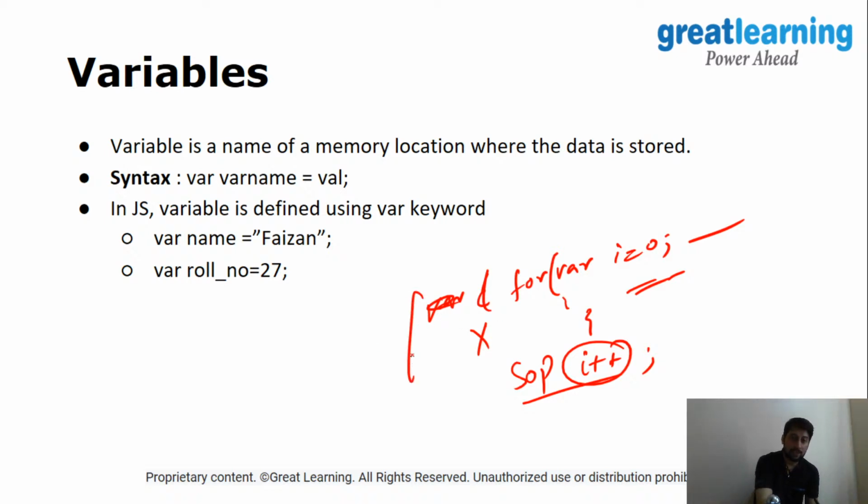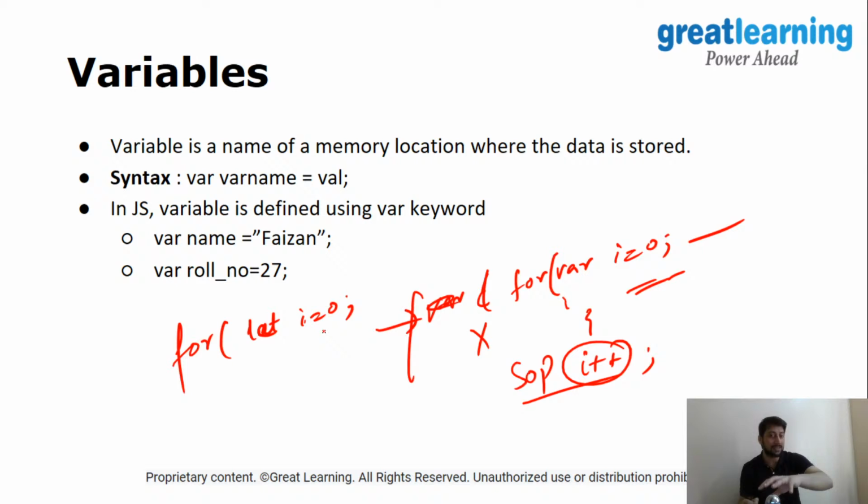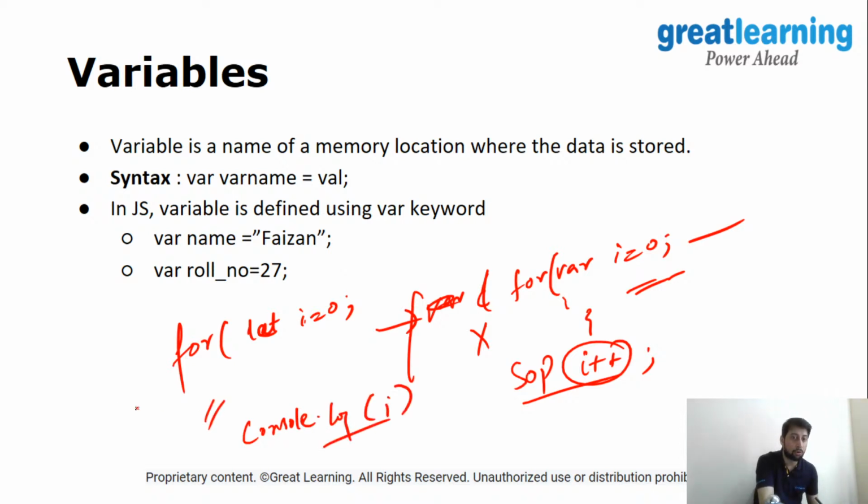Now this is something that is not in our traditional programming languages. So what Brendan Eich thought was, okay, let me rephrase this thing, let me use some other things as well. So he used the let keyword to declare a variable inside the for loop. Now when I declare this i using a let keyword and try to access it with console.log outside, it will throw me an error.